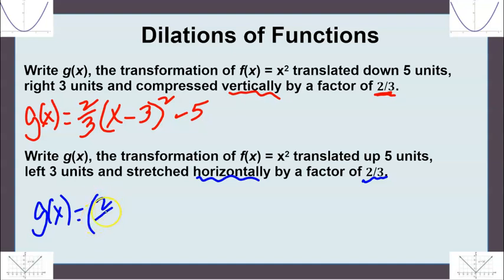So I'm going to have 2/3 x, and then it's a stretch. So we already did the stretch part. It's going to the left 3, so that means it's at -3. So x minus a -3, which means x plus 3 squared, up 5 means +5. So that is a quick review of writing equations when you're focusing on the dilations of functions.